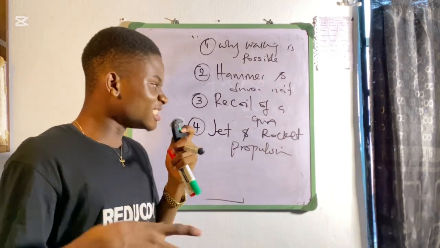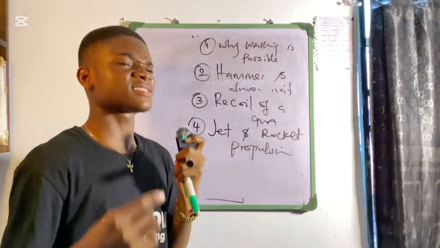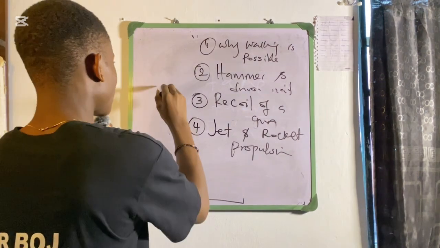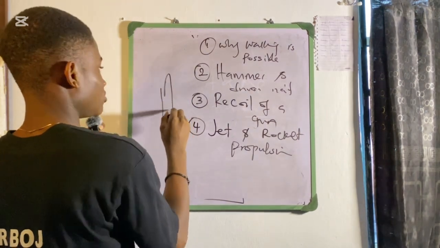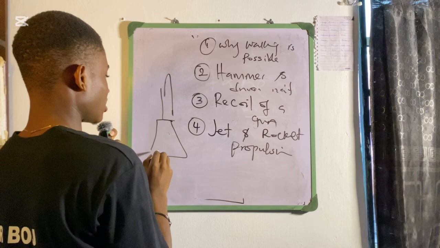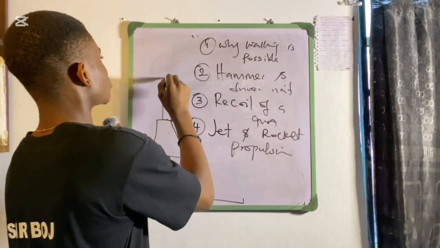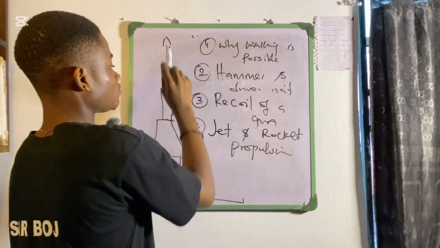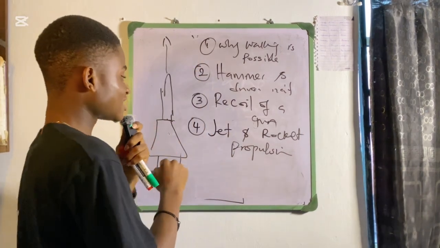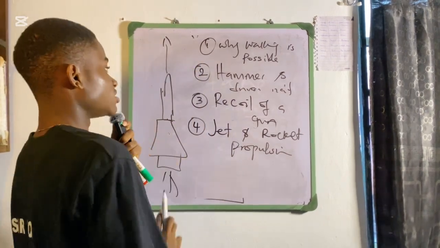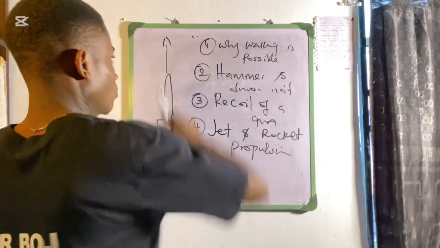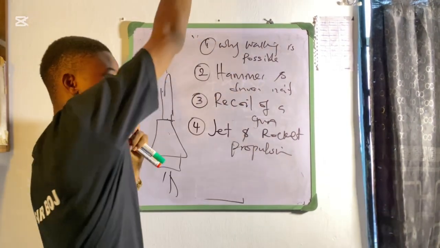The burning of this fuel thrusts the jet or the rocket. This is a rocket. Don't mind my drawing. Let's say this is an Elon Musk rocket, and this rocket is going up in the sky. As it is going, the gases are burning. It is thrusting the rocket upwards, it will move higher and higher.